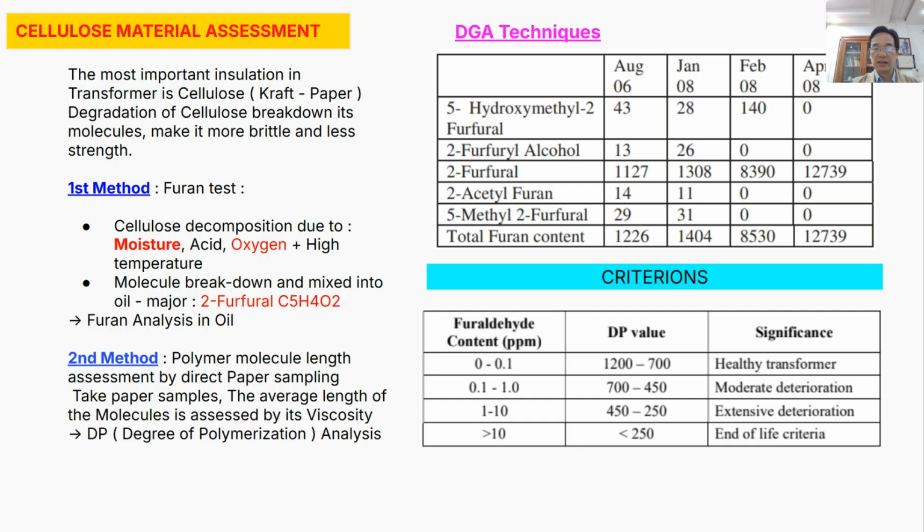And in case this value is less than 250, it is indicating a serious problem with the insulation quality. And in fact, if this value comes lower than 200, meaning we need to consider replacement of the new transformer, or consider to shut down the transformer and take it out from service.